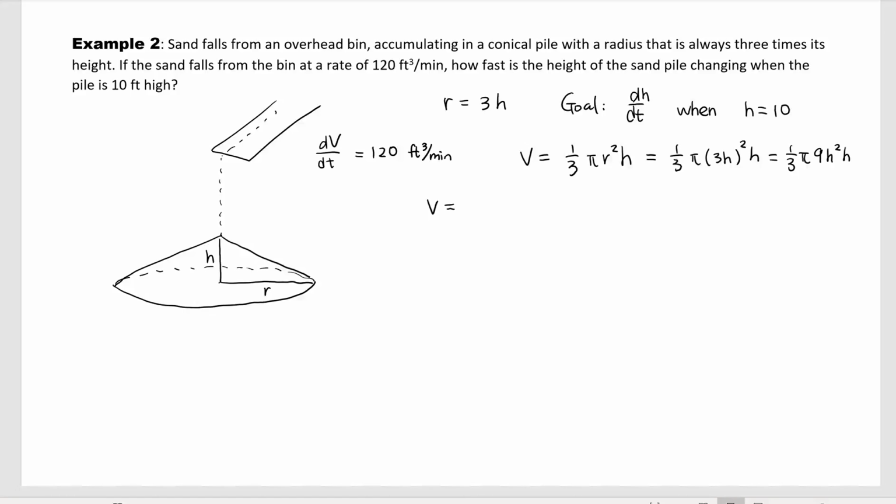And then 9 and 3 cancel. We have 3 pi h cubed. So this is the relation between V and h.